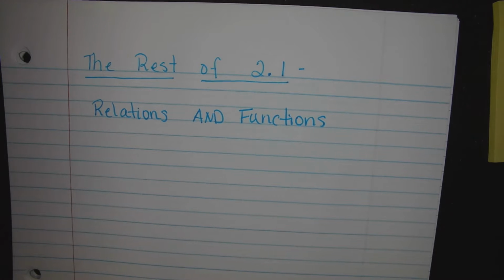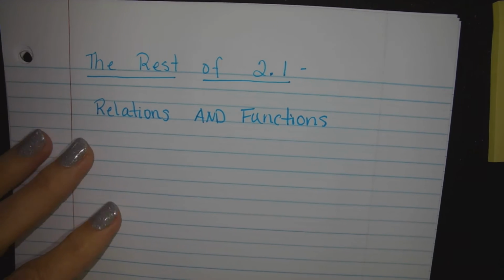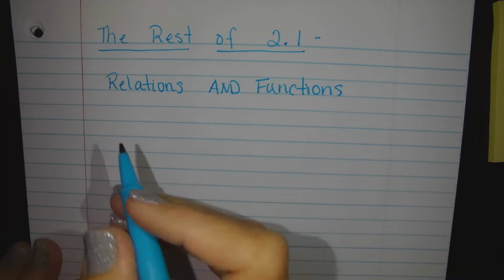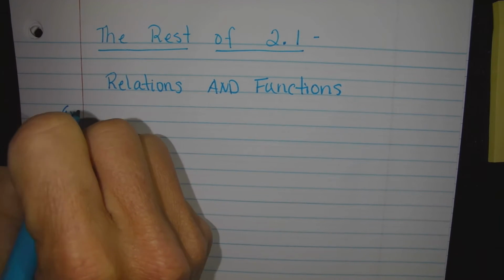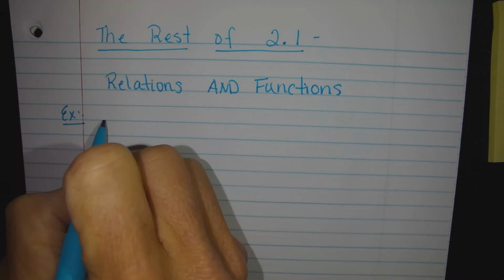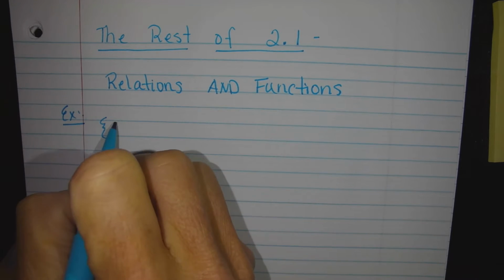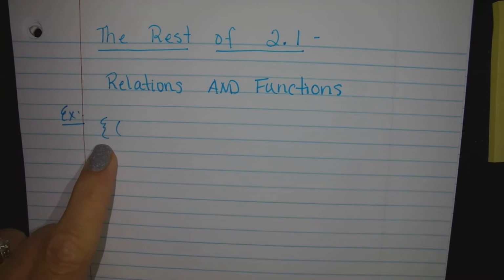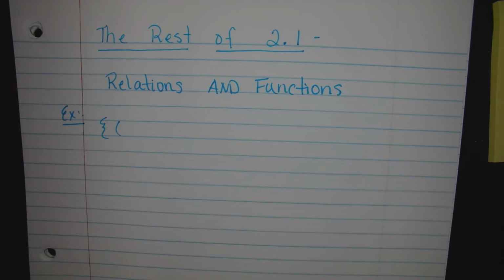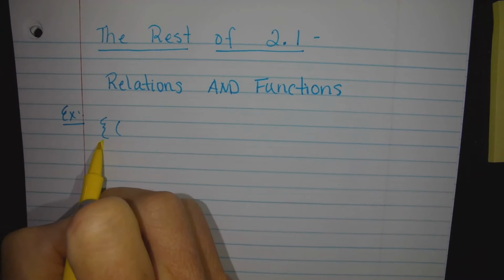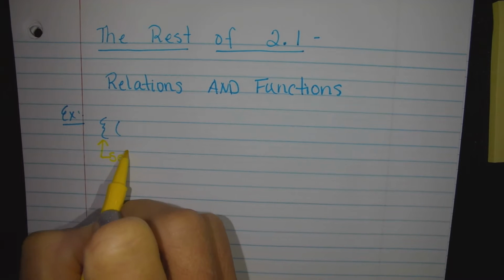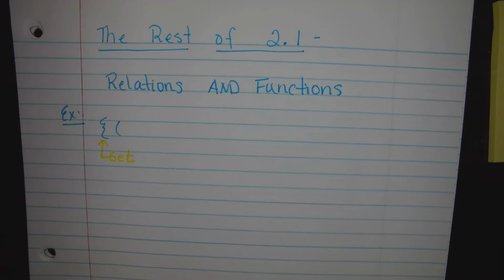All right, so we are now going to talk about domain and range. If I give you a set of points, okay, y'all, what does that little symbol mean? That means a set, more than one.